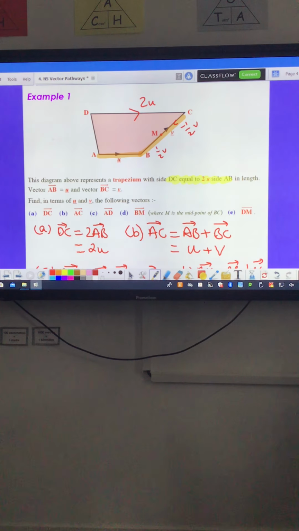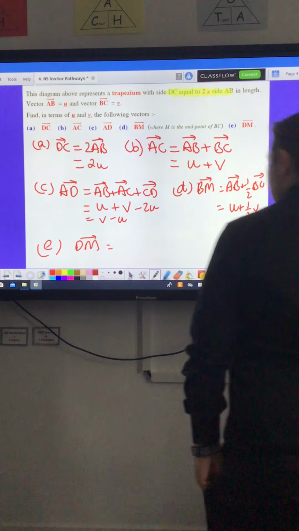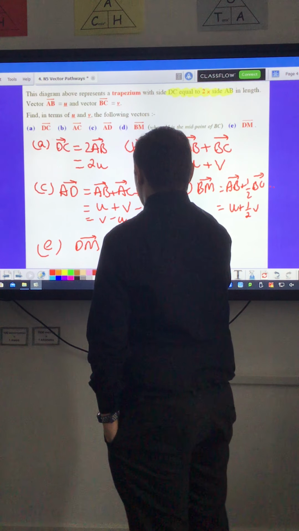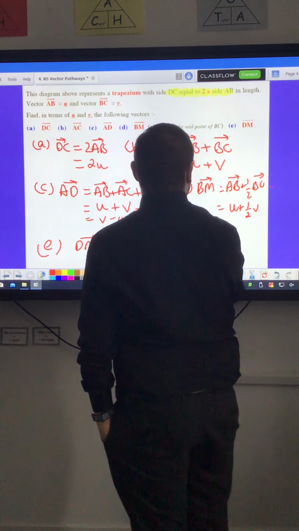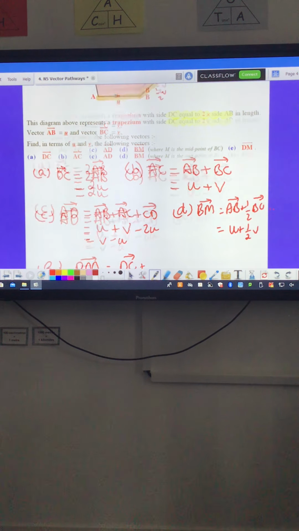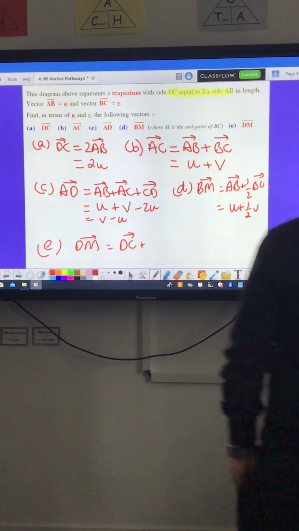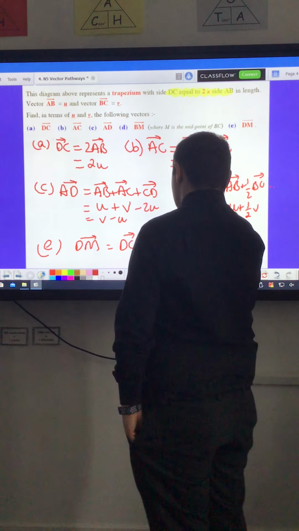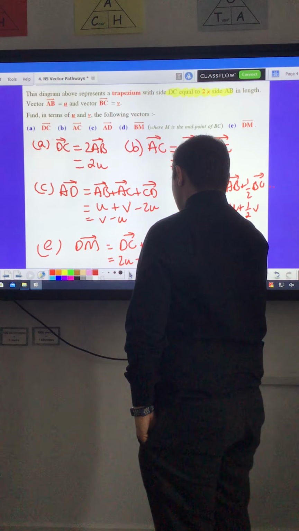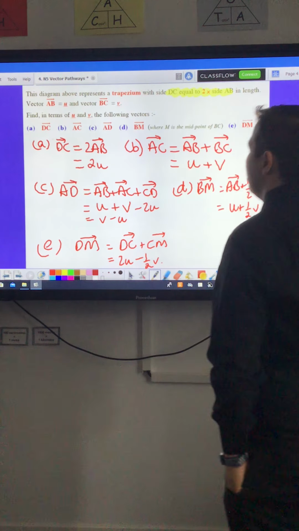So what we'll do is I'm going to put here that that was D to C plus C to M, but that is 2u, and we discovered that was a half of v.